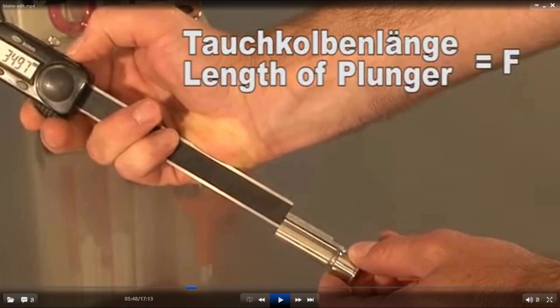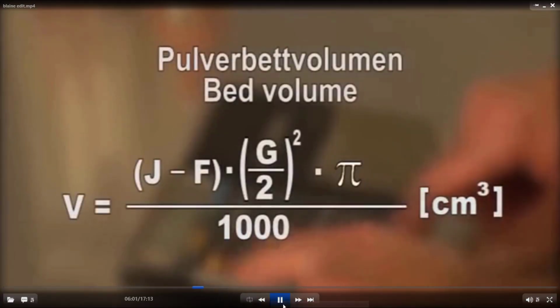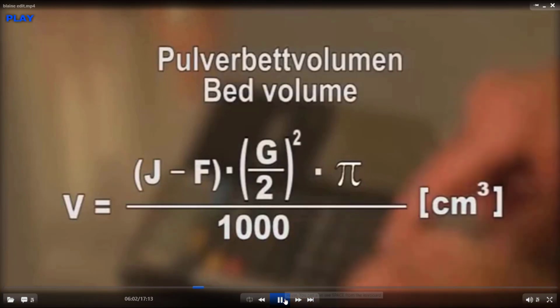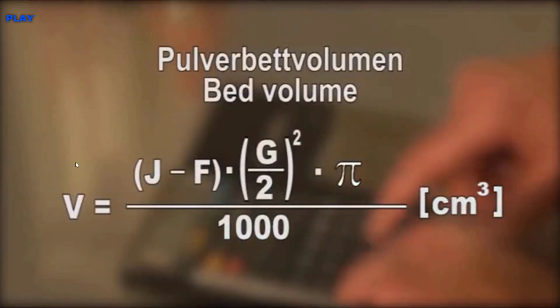It's the depth till the plunger reaches into the cell in which the cement is present. So this is the formula to calculate the volume of the cement. Basically, this is pi r square, which is the area, multiplied by the depth of the column. Area multiplied by depth equals volume, and 1000 is a conversion factor from millimeter cube to centimeter cube. So you can find the volume.